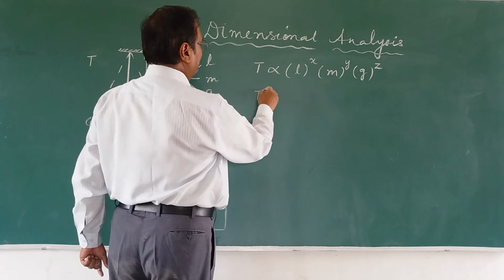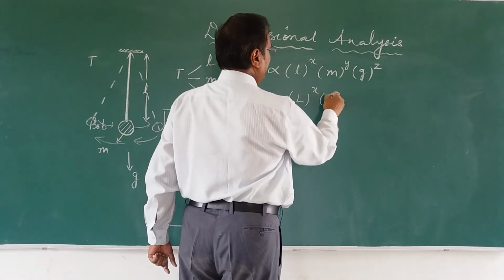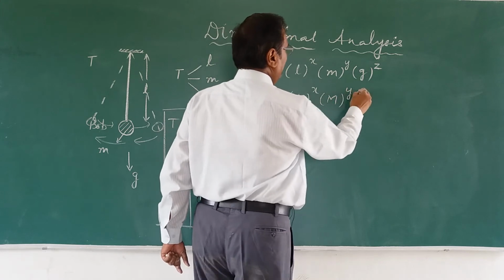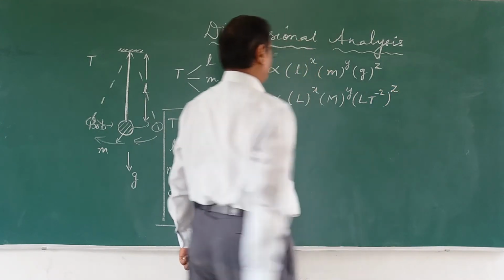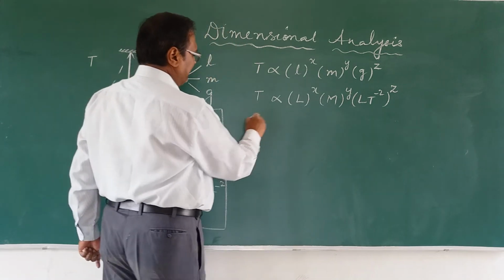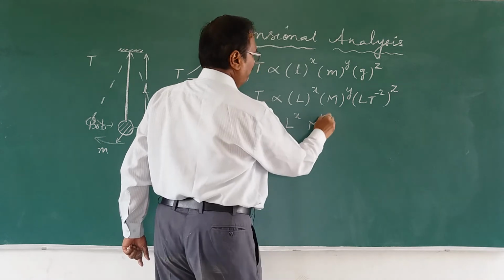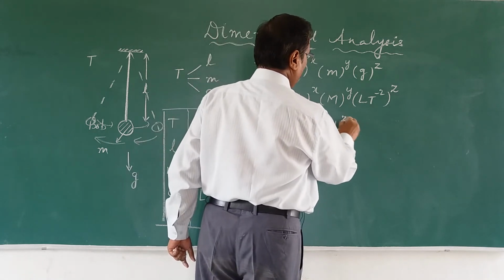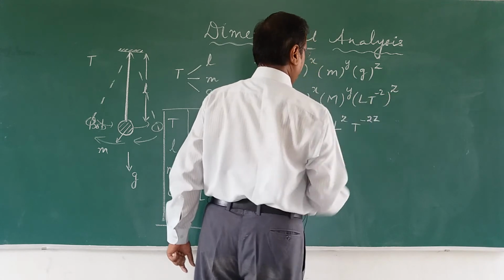T is T only, proportional to L power x, m power y, and L T power minus 2, all power z. That is, T is proportional to L power x, m power y, L power z, T power minus 2z. I split it here.